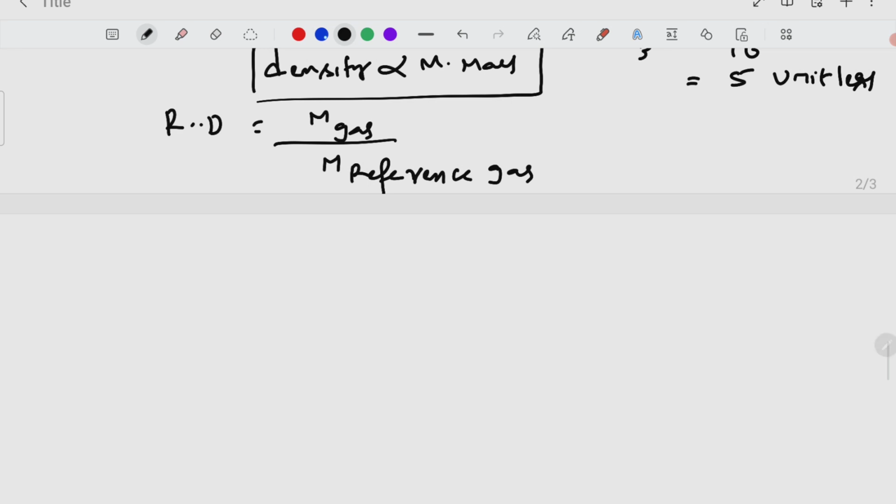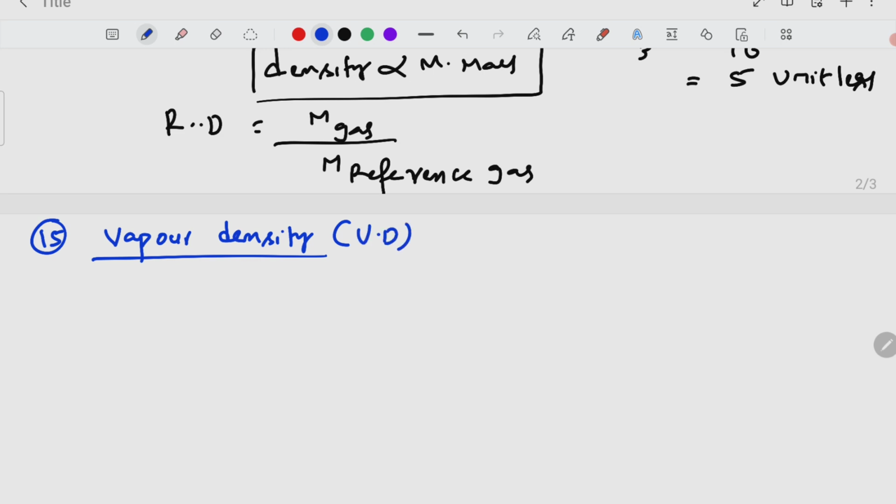Then another term, that is vapor density. See, vapor density is also a kind of relative term, but it is fixed. Reference gas here is always hydrogen.